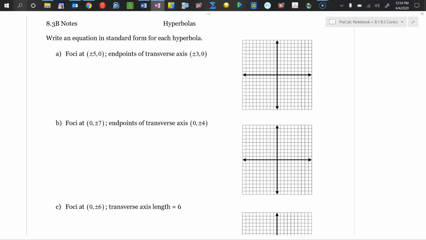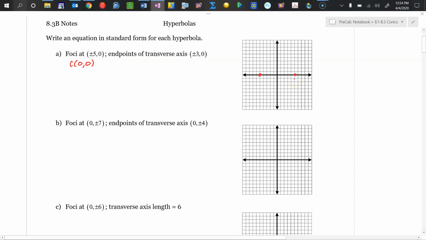This particular hyperbola has focal points at plus minus 5, 0. So if we were to graph those, 1, 2, 3, 4, 5, and 1, 2, 3, 4, 5. What we know right away is that the center of the hyperbola is at 0, 0 because the center is halfway between the two focal points, and the focal points lie on the transverse axis.